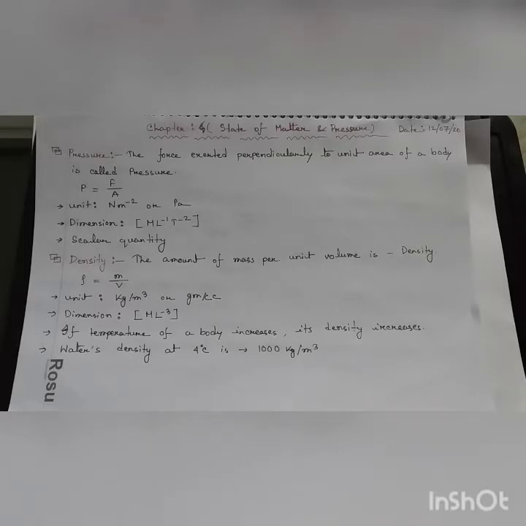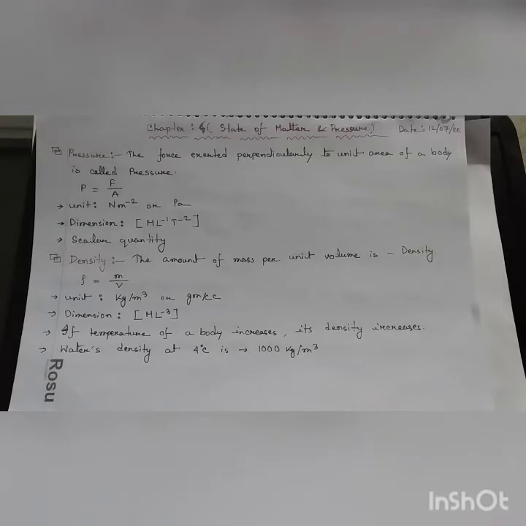Another important property of density is that if the temperature of a body increases, its density decreases. Whenever temperature rises, the particles get extra energy and leave their position, they expand, and that means their volume also rises.